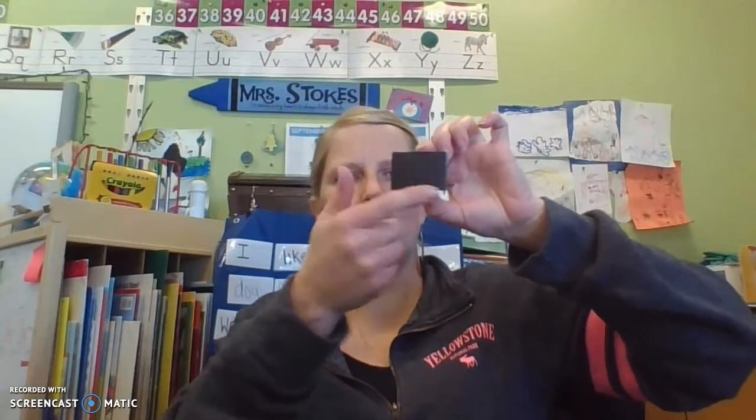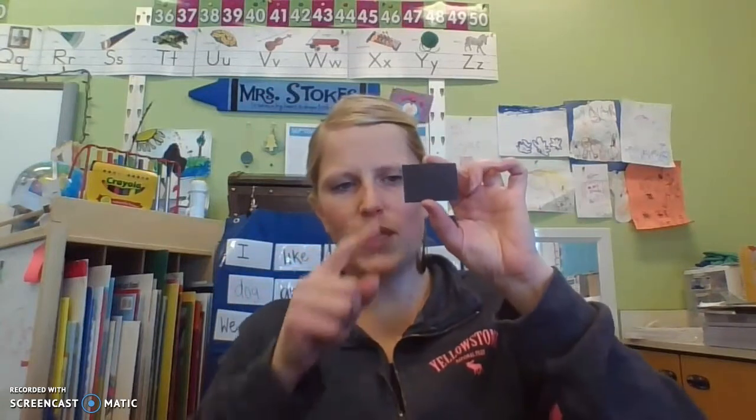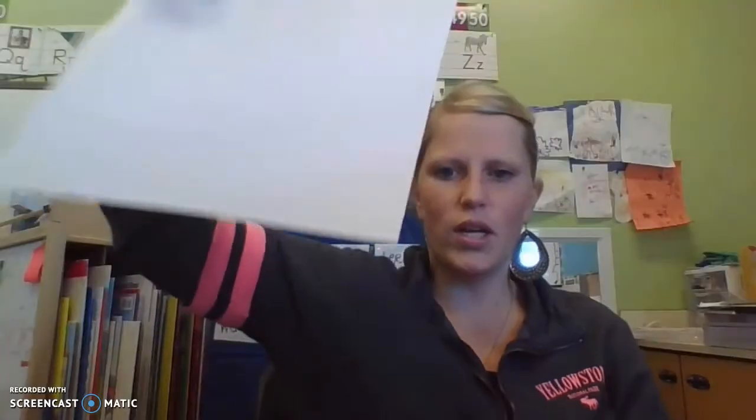Let's count its vertices. 1, 2, 3, 4. Now when I'm looking at the shape, even though it has 4 sides and 4 vertices, I notice that it has 2 short sides and 2 long sides. Okay, if a shape has 4 sides, 4 vertices, 2 short sides and 2 long sides, that means it's a rectangle.